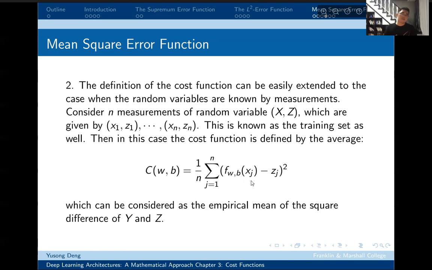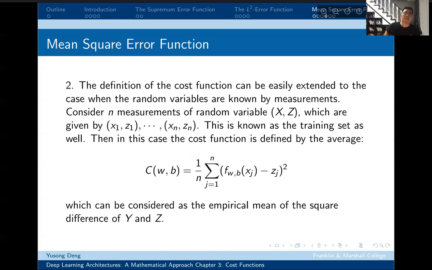Basically you have n training samples, and you just put them in, and this can be considered as the empirical mean of the squared difference of y and z. For the computer, it's really easy to calculate this.